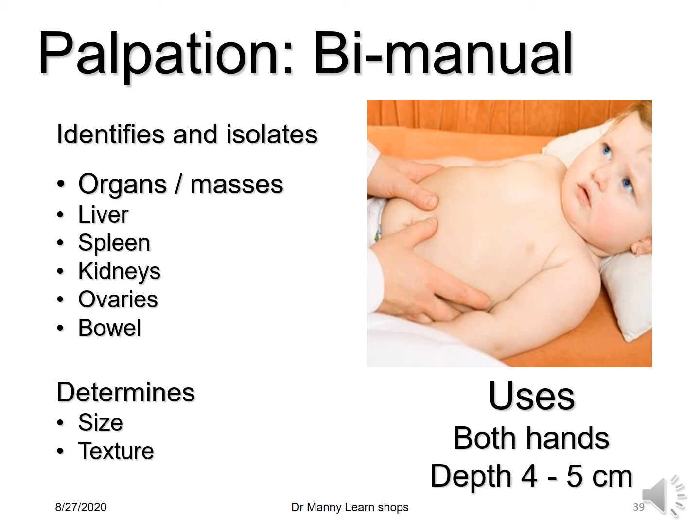And again, it's to determine size and texture. But this requires practice in order to get the information that you need. And typically it's done by physicians or healthcare providers that have become an expert in the skills of physical assessment.